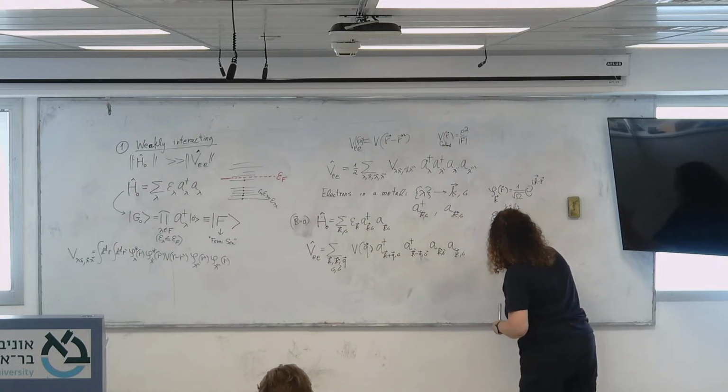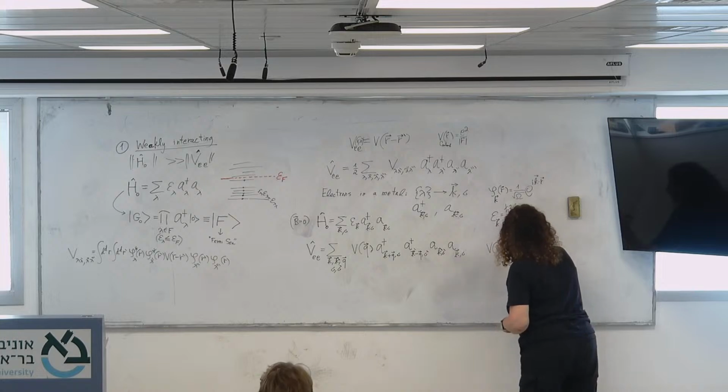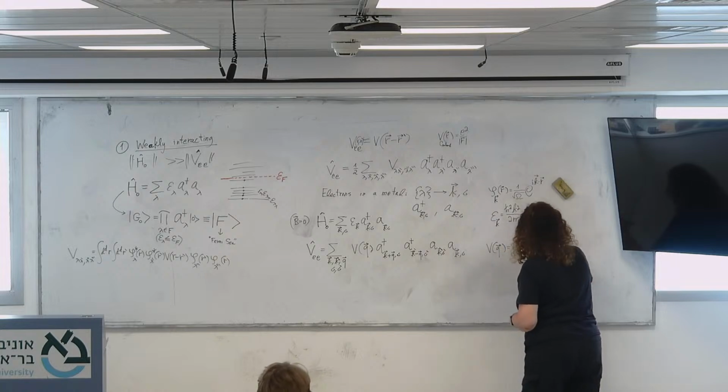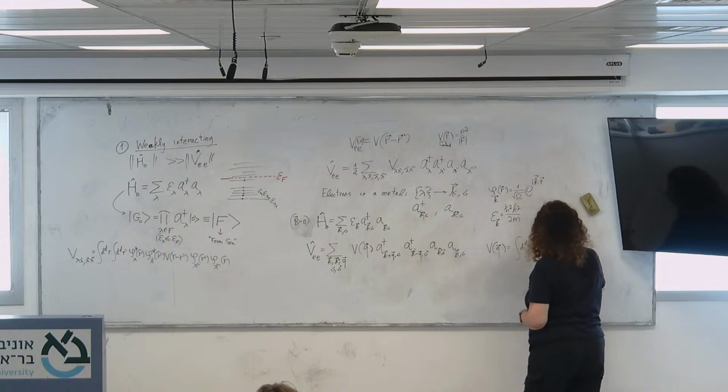So V of q is just a Fourier transform, e to the, I think it's correctly defined, of V of r.